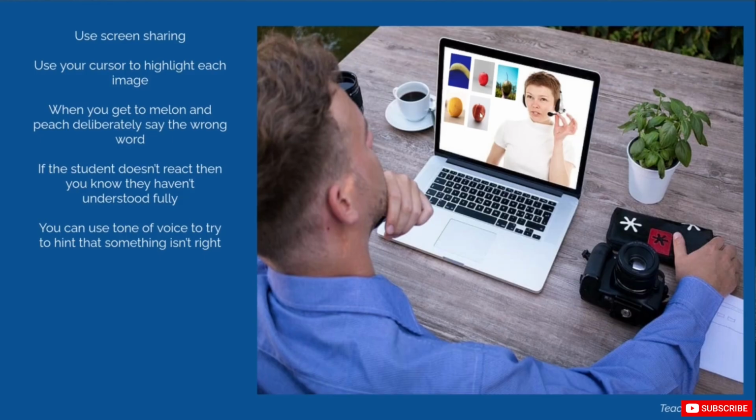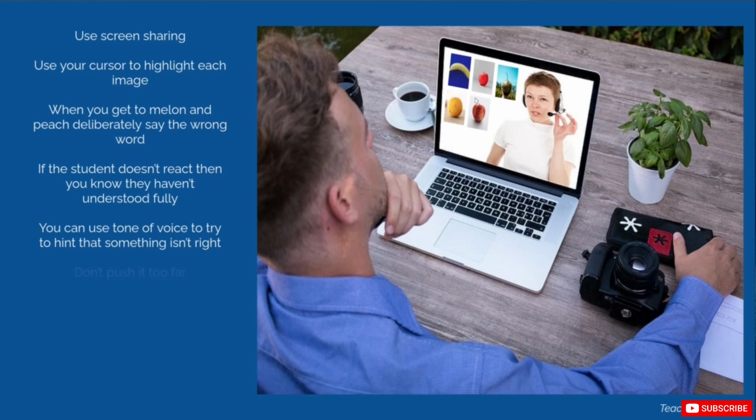If they don't, we can correct ourselves. We can say, okay, banana, apple, peach, melon. No, peach, melon, banana, apple, melon, orange, peach. And then hand control back to the student and go through again and see if they've picked up.